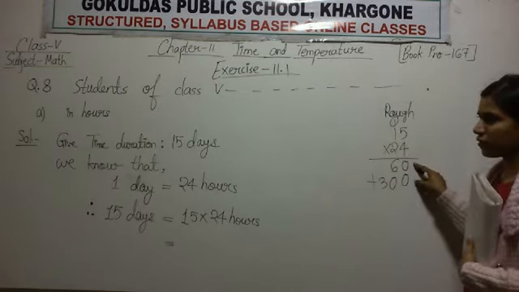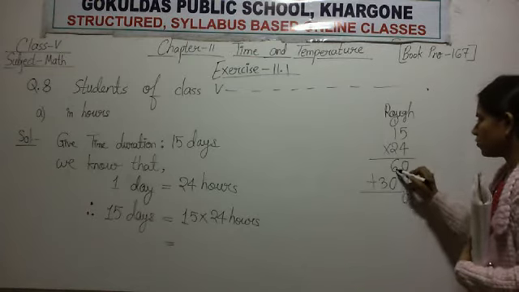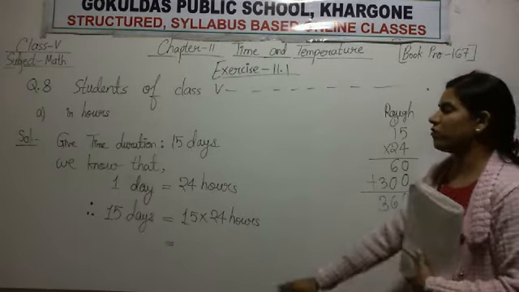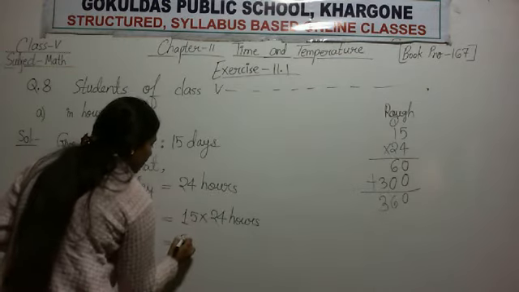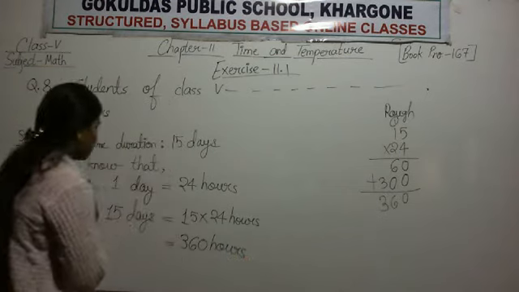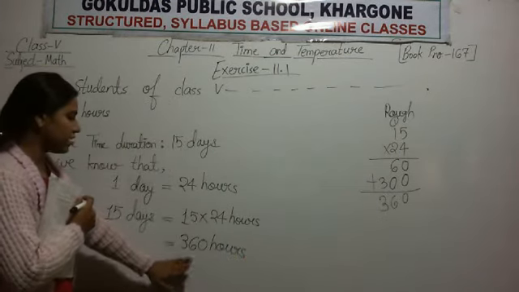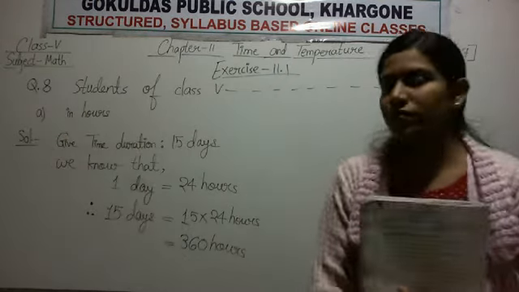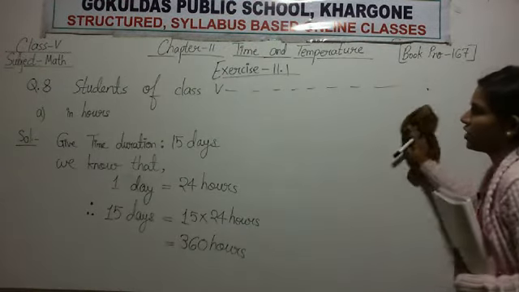Now we got both the products, add both the partial products. 0 plus 0 is 0, 6 plus 0 is 6, and 3 as it is. So when we multiply 15 by 24, we get 360 hours. So when we convert 15 days into hours, our result is 360 hours. Note down the solution or take the screenshot.